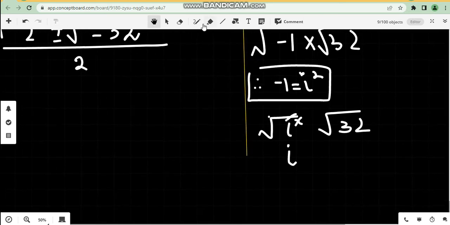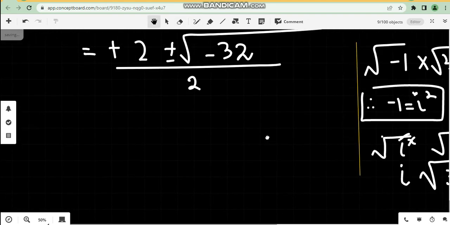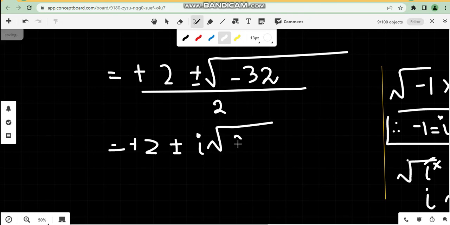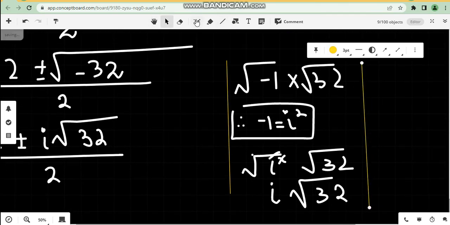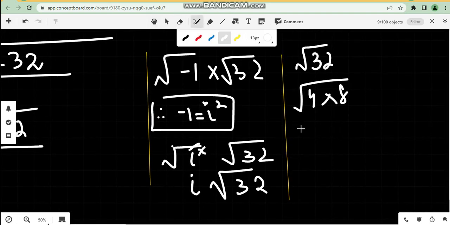The square root of 32 does not have perfect square factors as such. First I'm going to write i square root of 32, so I write here 2 plus minus i square root of 32 divided by 2. Now for the square root of 32, I know that 4 times 8 is 32. I can break this into two numbers, square root of 4 times square root of 8.